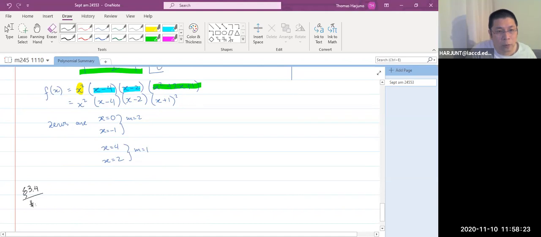Number 84. We have this function f(x) equals 2x to the 4th plus 5x cubed plus 4x squared plus 5x plus 2. And the question is: find all zeros.